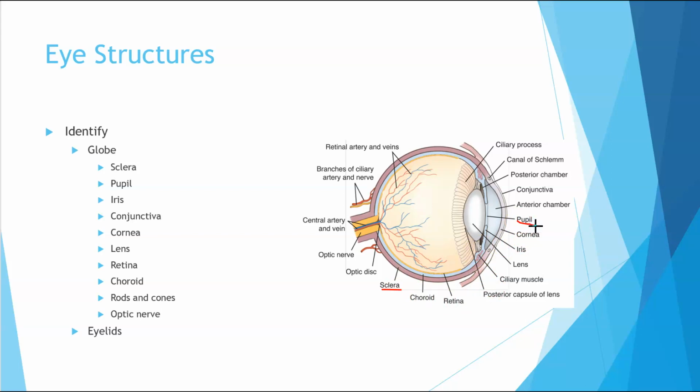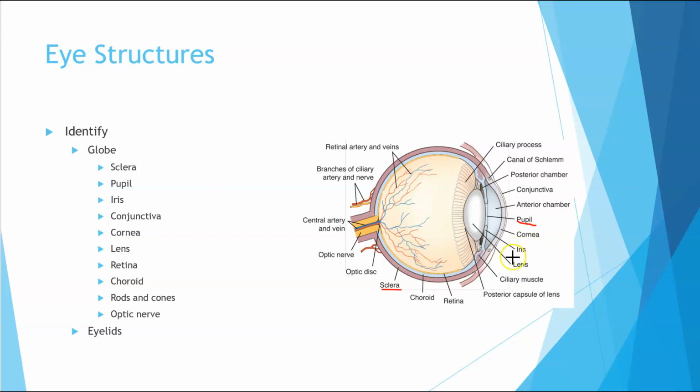The pupil is the aperture through which light enters the eye and we're able to see images. It's formed by the iris. As the size of the iris increases or decreases, the size of the pupil increases or decreases correspondingly.